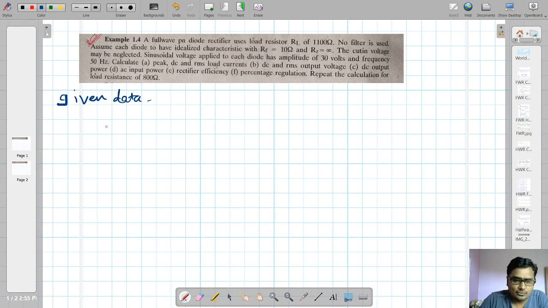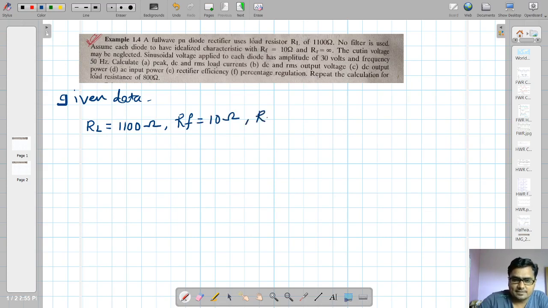The load resistor RL is equal to 1100 ohm. No filter is used. Assume each diode to have idealized characteristics with RF equal to 10 ohm. It means the forward resistance of the diode is given as 10 ohm.